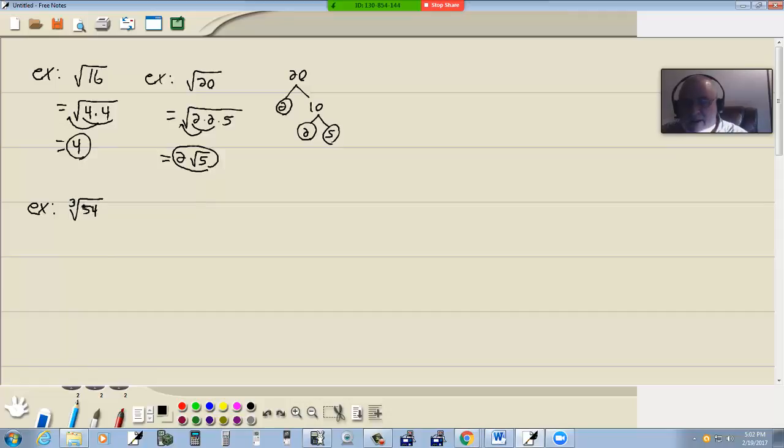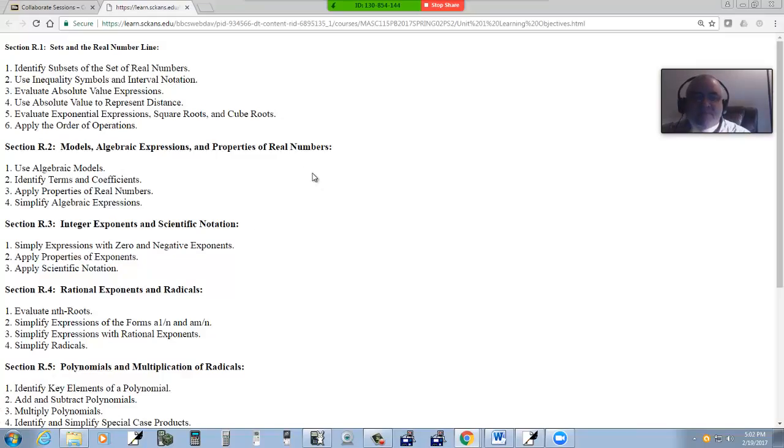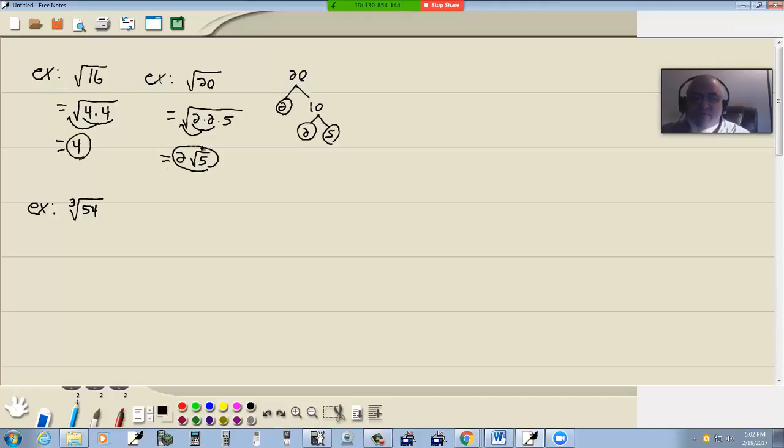Now on the other hand, if you have a cube root, let's look at the cube root of 54. First thing we'll do is the prime factorization. For 54, we have 2 times 27. 2's prime, so we circle it.